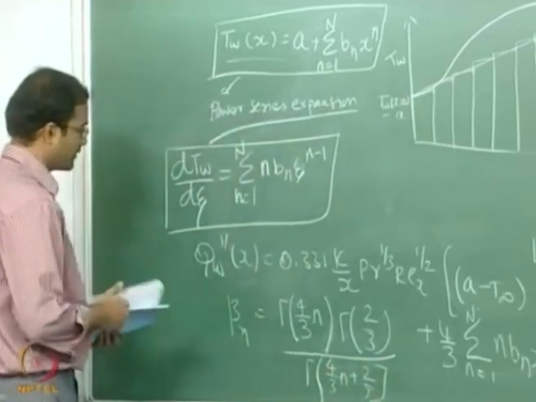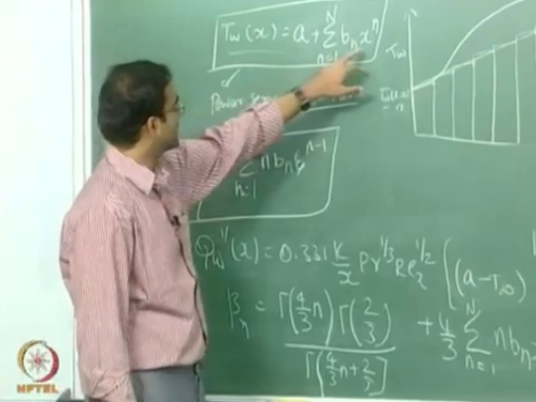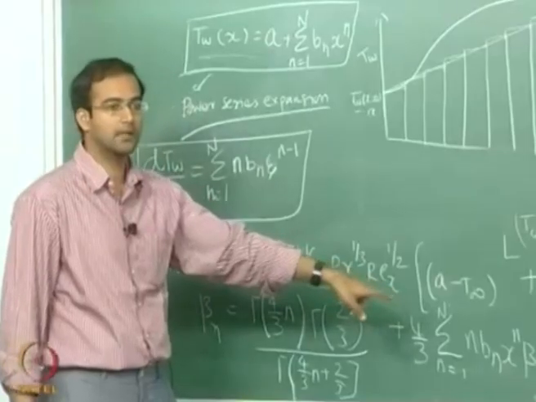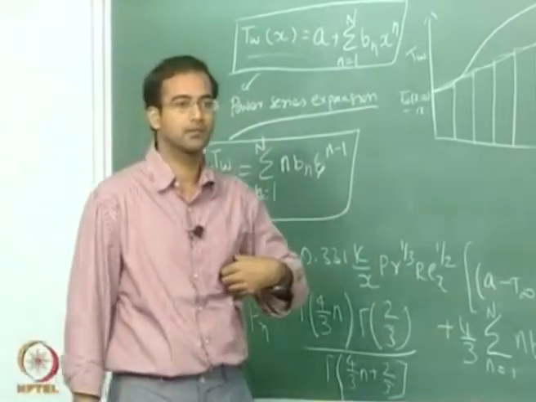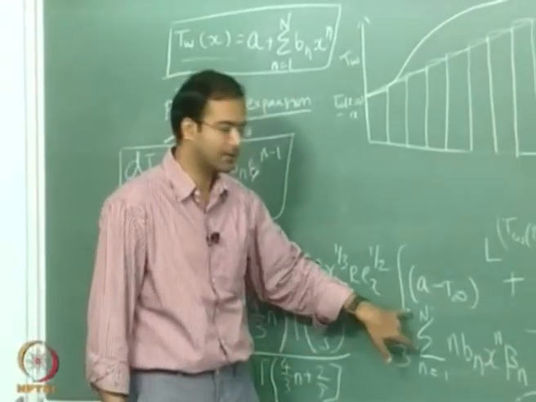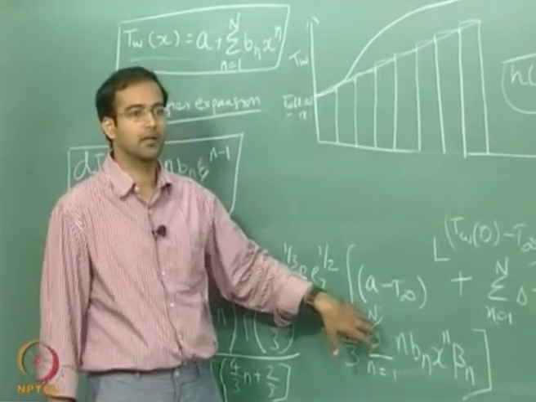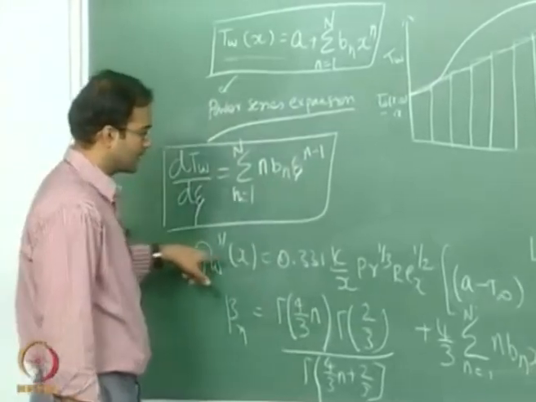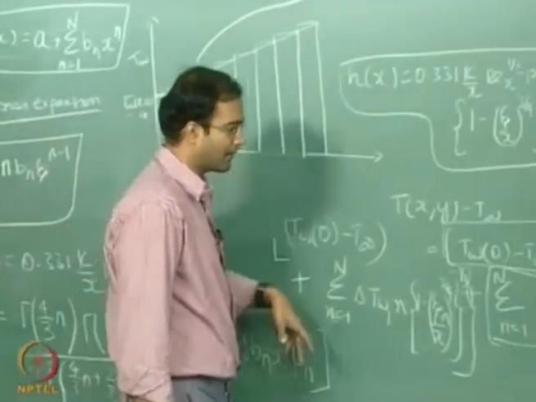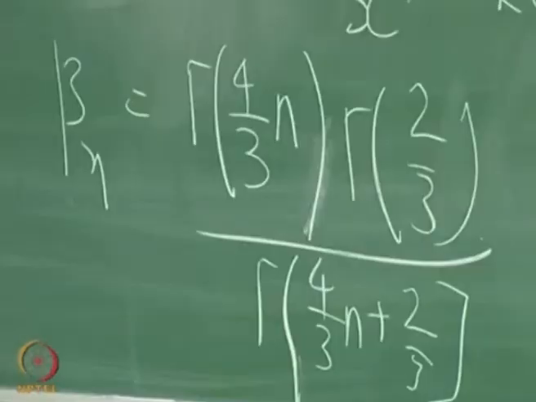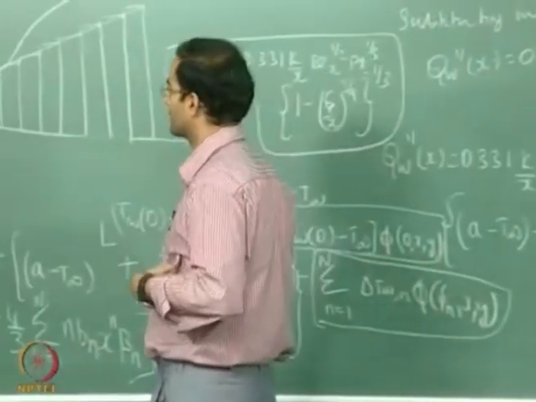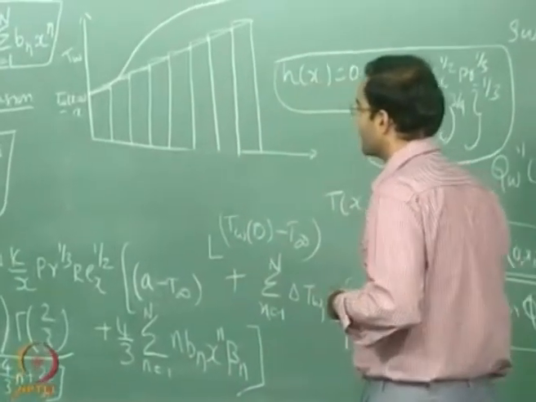Depending on the value of n that you use, the value of beta will change, and then you have to sum them over all the values of n. Suppose you are using 5 terms, you have to sum them for each value of n, and for all the 5 terms you have to sum them together. That will give you the variation if you have a more complicated profile. You can approximate that with the power series expansion, and you can use this expression to calculate the local heat flux variation.